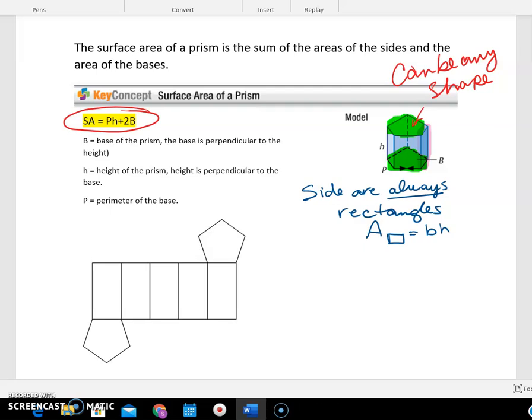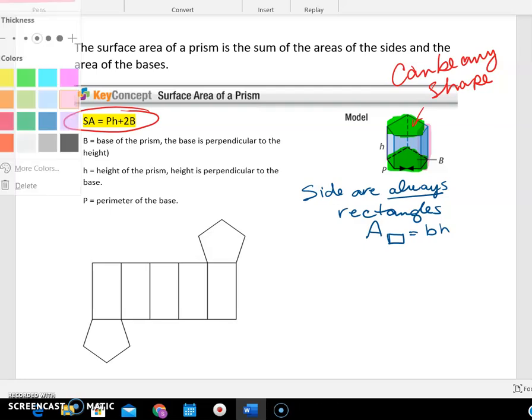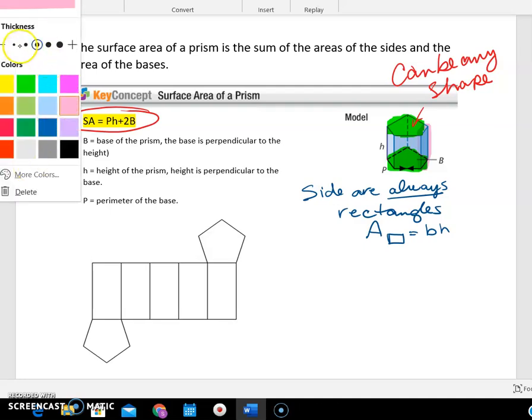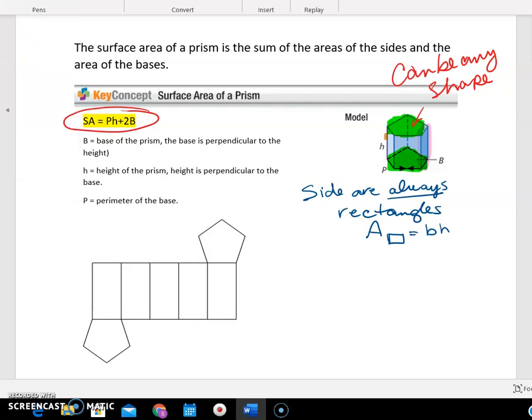So if we look at the height here, here's our height, and our base is this pentagon at the bottom. Those are always perpendicular to each other, and so that's how we can tell base and height. They have to form a right angle. So B is the area of the base.